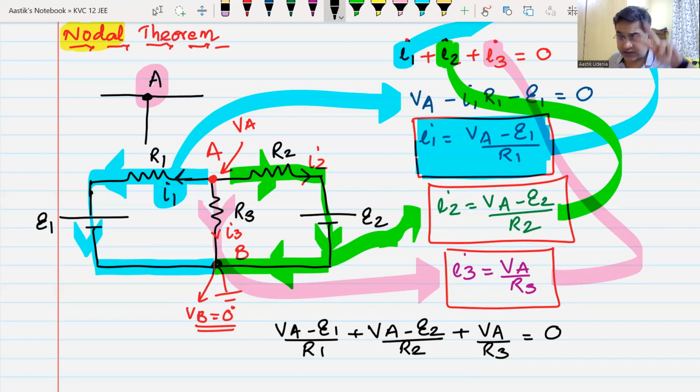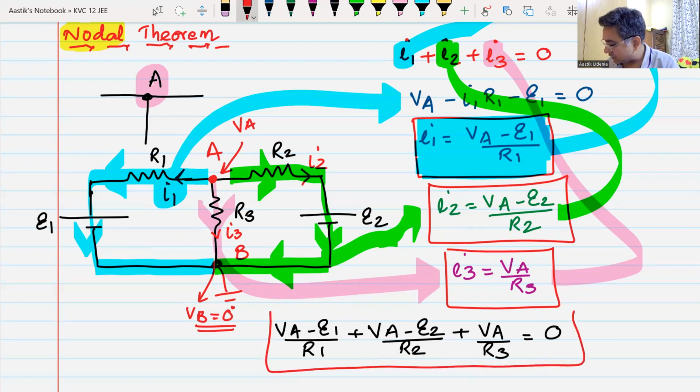The same thing that I had done in two equations, now I have done in one equation. The only unknown in this equation is VA.